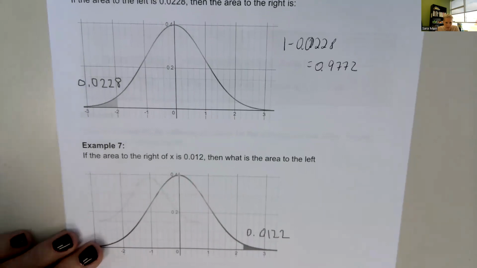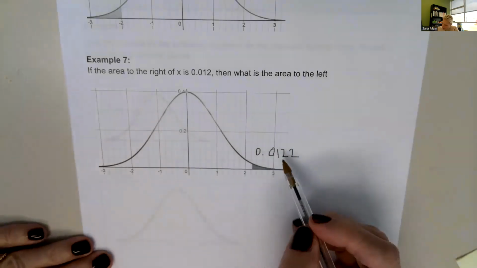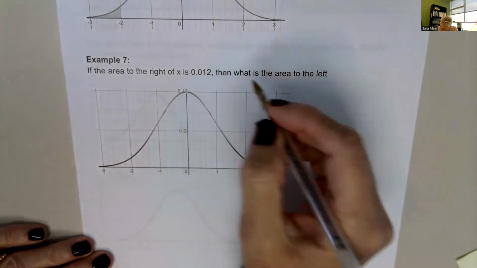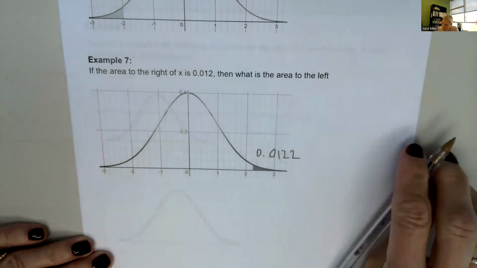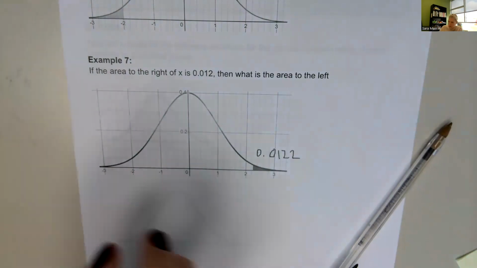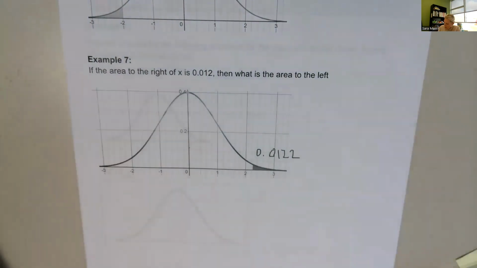And then example 7 says that the area to the right is 0.0122.